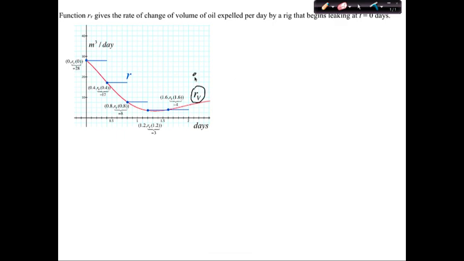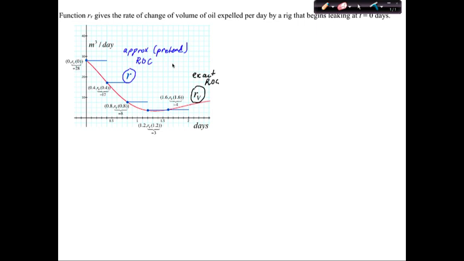That's exact, our changing rate function, right? And then R is going to be our approximate or pretend rate of change. It's trying to be like the exact rate.